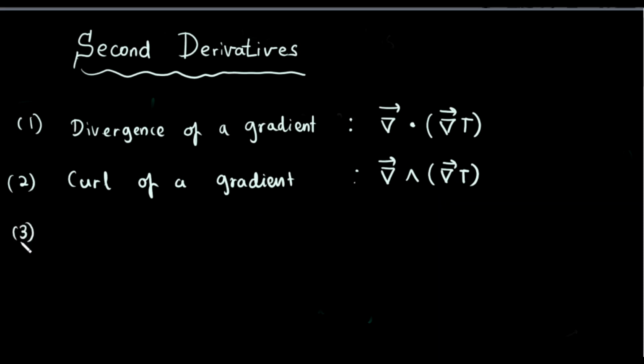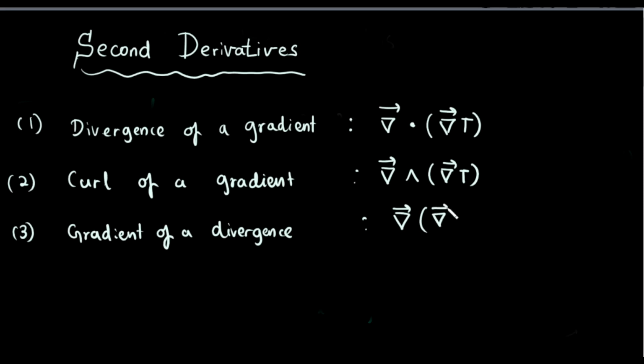The third one is the gradient of a divergence. That means we have the del operator and the divergence of a vector field v. So t is a scalar, and v is a vector field.